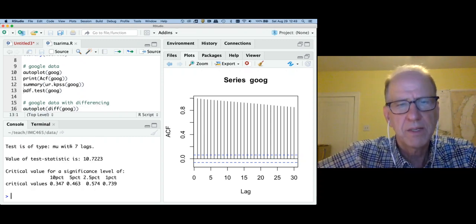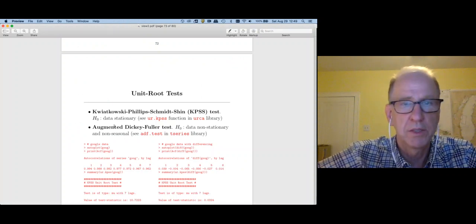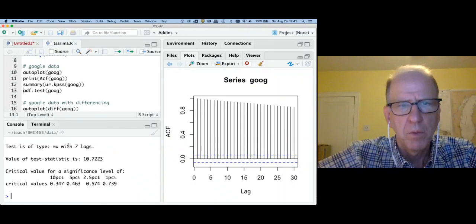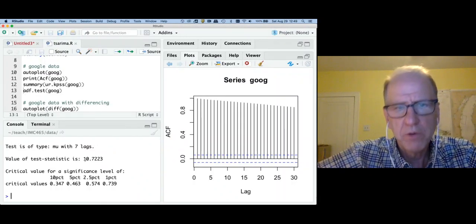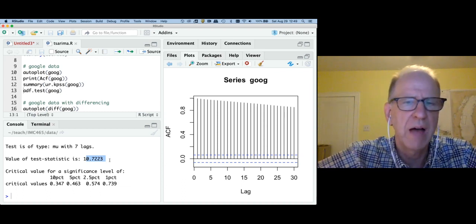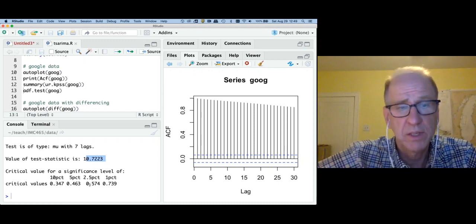Let's go look at the KPSS test. So as a little review, the null hypothesis is that you've got stationary data. When we look at the output, the value of our test statistic is over 10. Let's call it 11. They're giving us critical values for this test statistic.